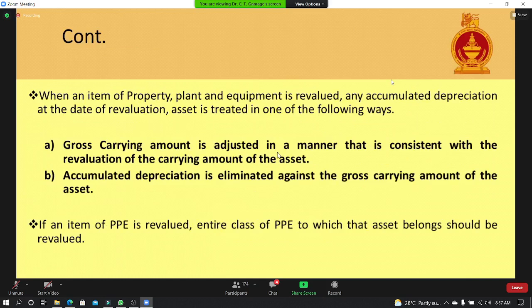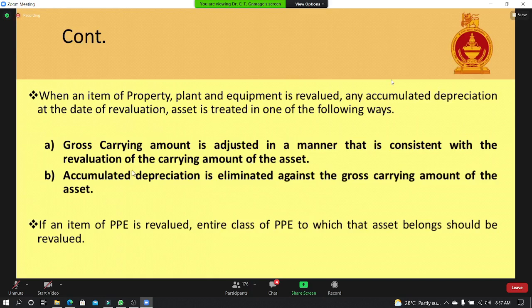Then we discuss these two as well because I told there is one way we can treat it after revaluating the property, plant and equipment.